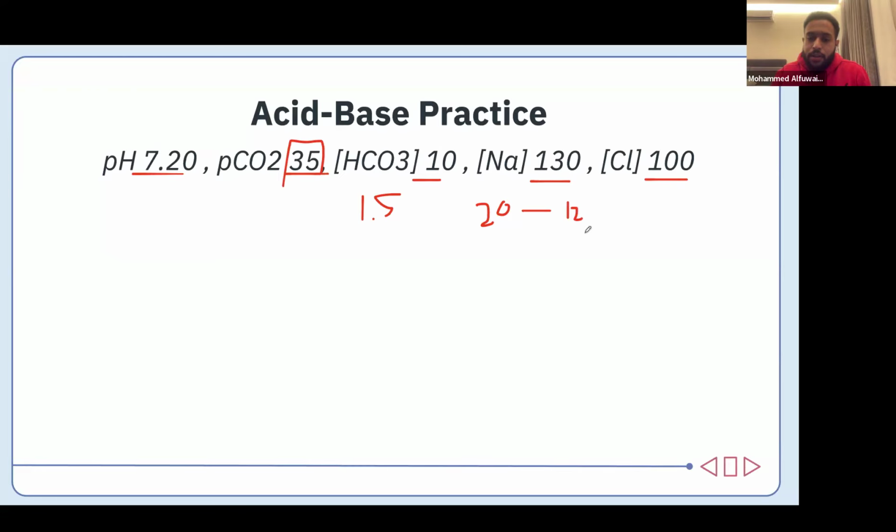Then you take the normal bicarb, 24, minus the patient's bicarb, which is 10. So what's the delta gap? 8 over 14, give me the actual number. 0.57. Is this less than 1? Yes. So what does this mean?